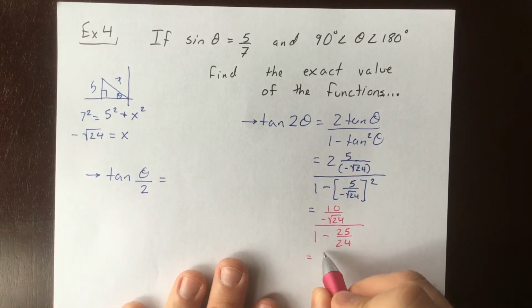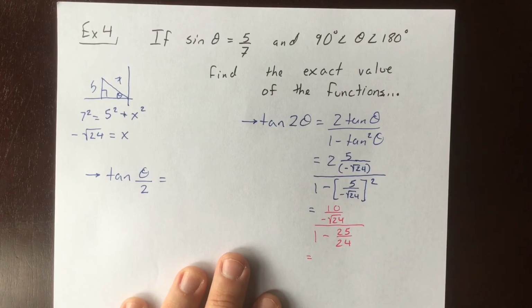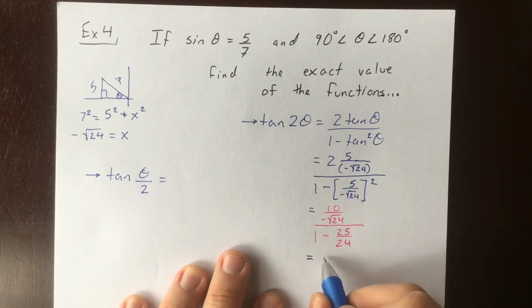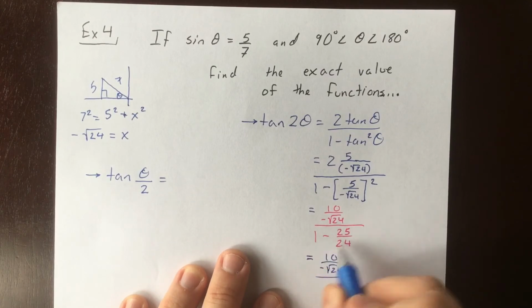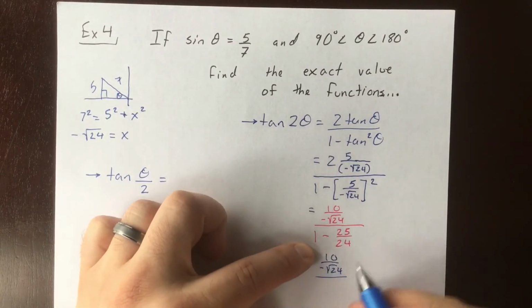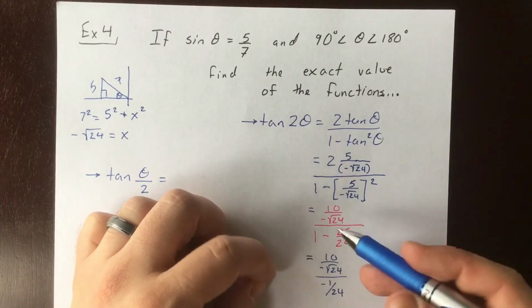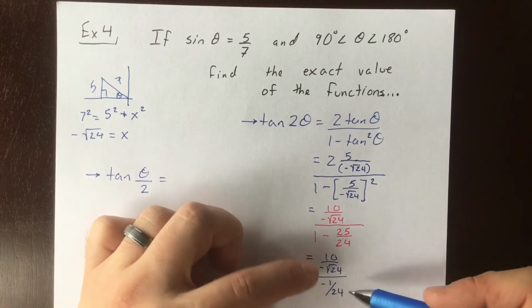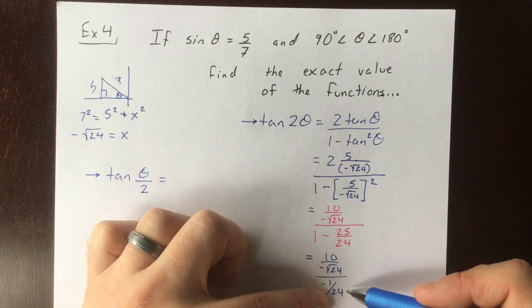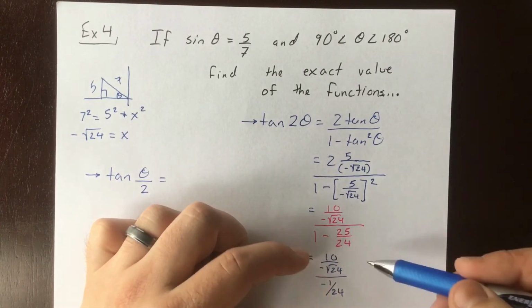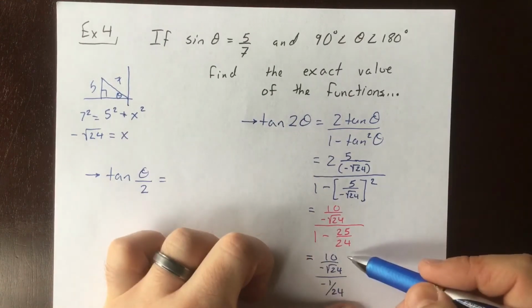So common denominator on the bottom: we have 10 over negative root 24. Common denominator would be 24 over 24, which subtracting gives negative 1 24th. Okay, so we're dividing a fraction by a fraction. That's multiplying by the reciprocal. So 24 comes up.